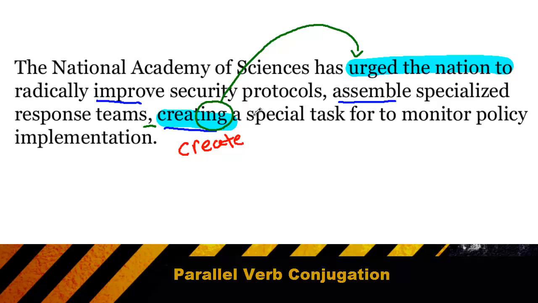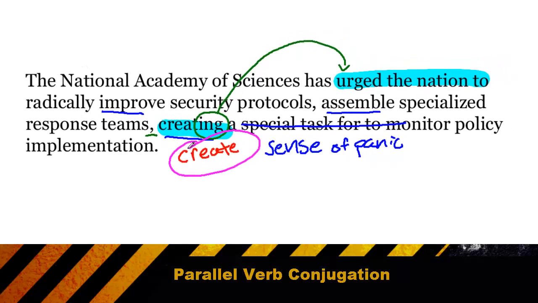If, however, the last part of the sentence had read something like creating a sense of panic, that potentially could make sense, because the National Academy of Science could urge the nation to improve security protocols and assemble specialized response teams, and the mere urging would cause a sense of panic. But in this case, the urging is not going to create a special task force. So the best option is to change creating simply to create.